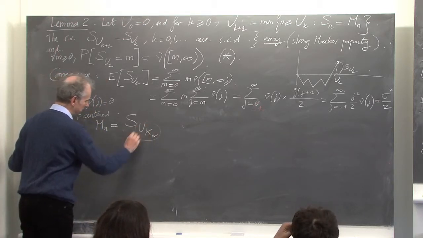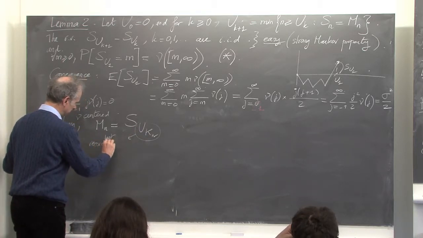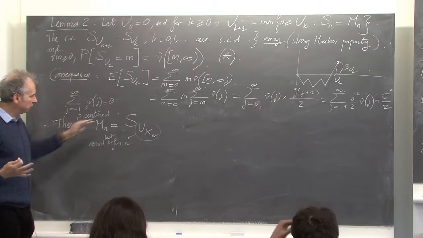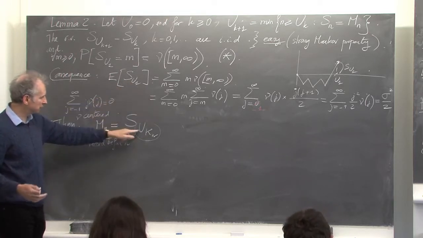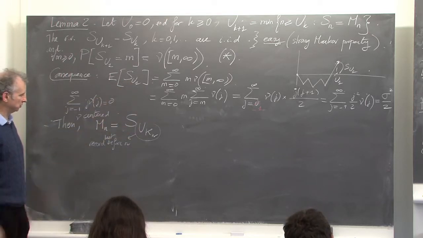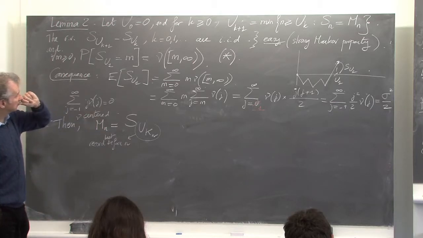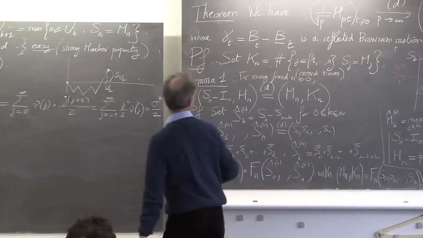So this quantity is the last record time before n. Since it's the last record, you don't hit a higher value after that time, by definition. So it's just a consequence of the definitions. Kn was the number of records before n.